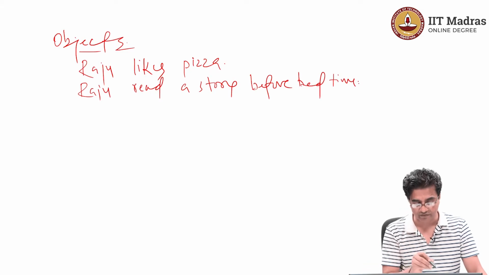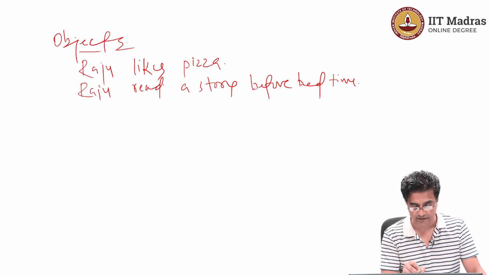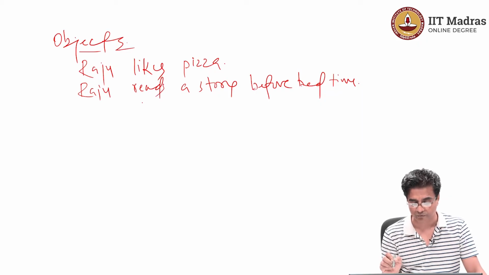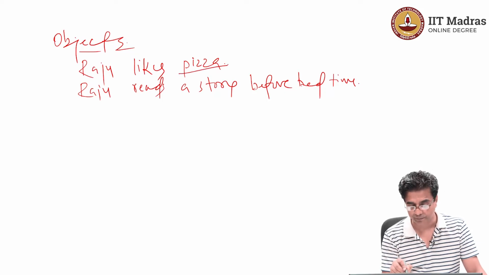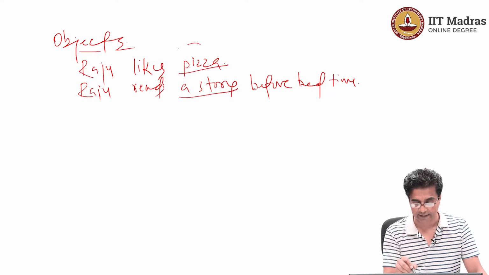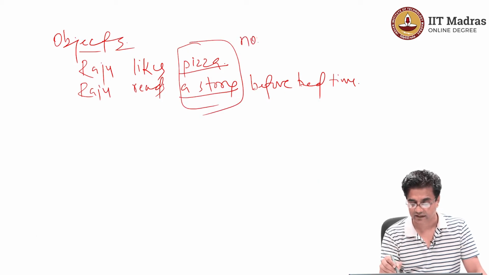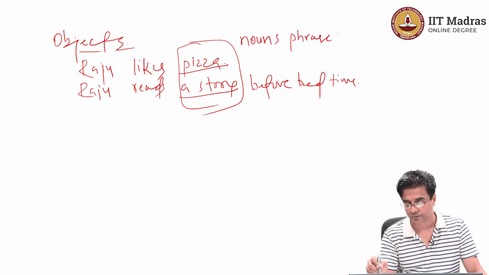The reason I am giving you these sentences is that both pizza and a story, as objects in these 2 sentences, are not just nouns, rather they are noun phrases.